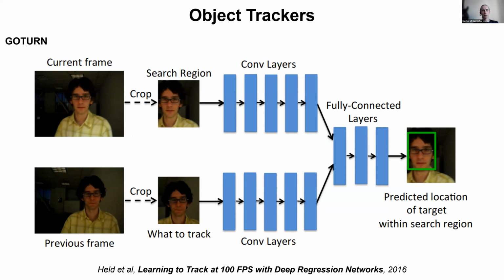One of the earliest and most successful works was GOTURN, a very well-known tracker of the time. It is noteworthy that its idea is very simple in comparison to MDNet.